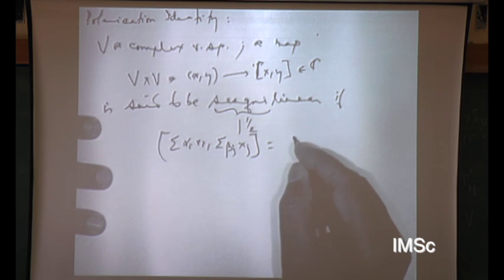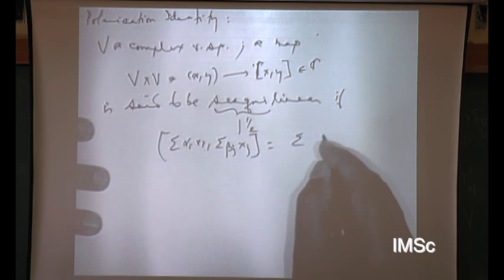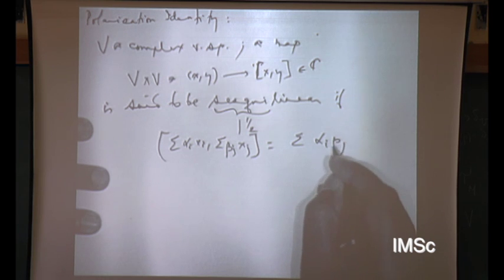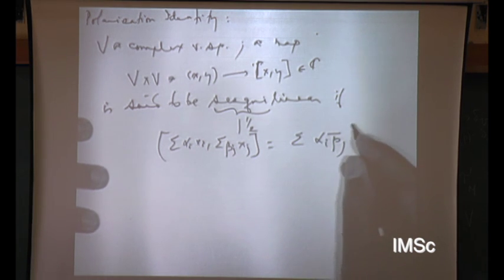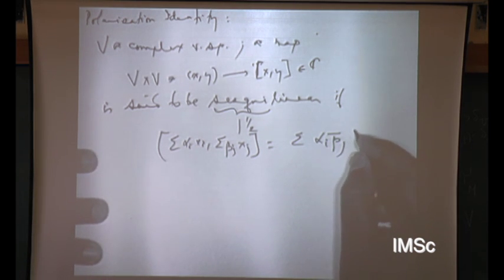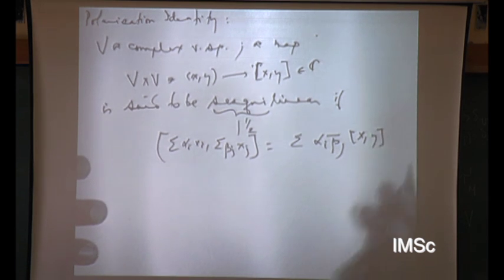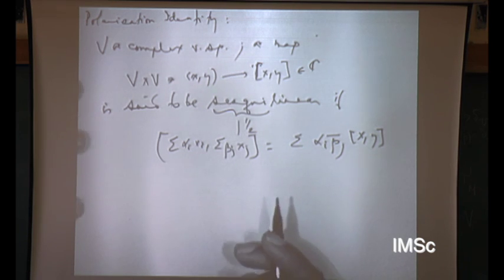If it is linear in both variables, then you'll be able to pull out the constants. But the half linearity refers to this statement. Like the inner product, the classical example is the inner product, it is conjugate linear in the second variable and linear in the first variable. Okay. Such a thing is a sesquilinear form.